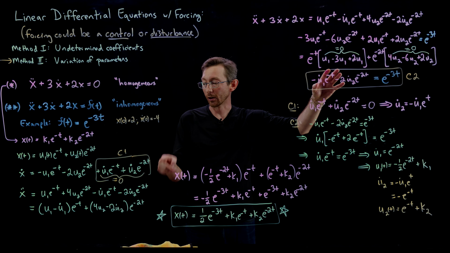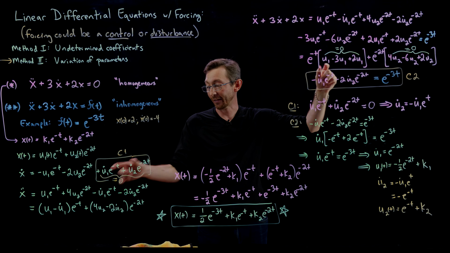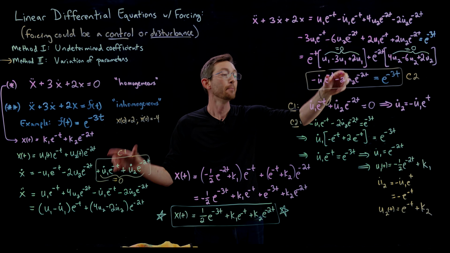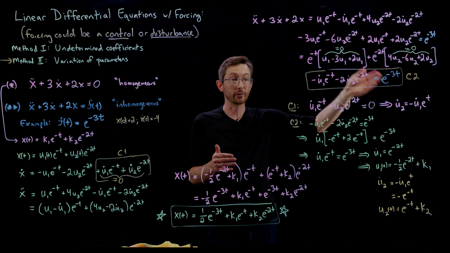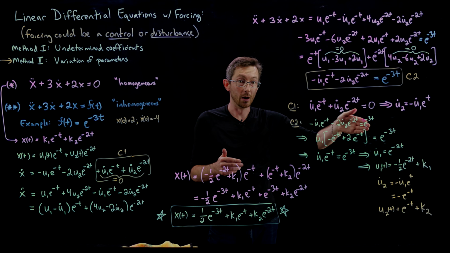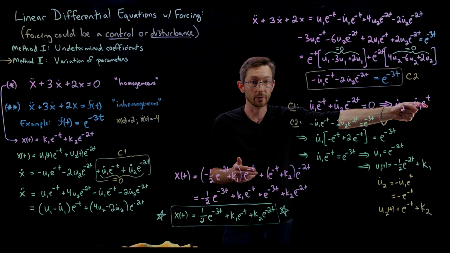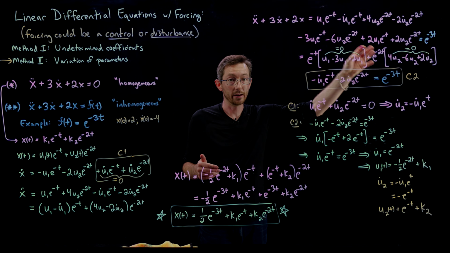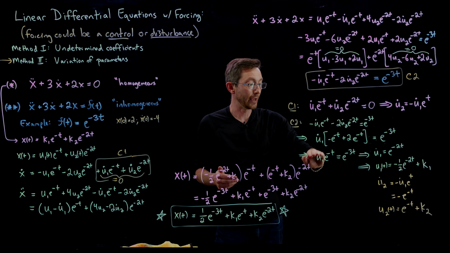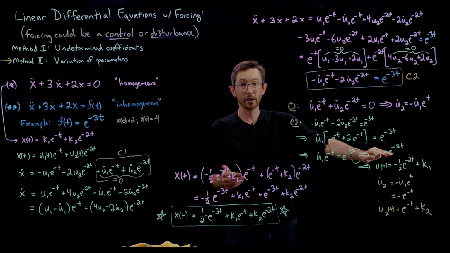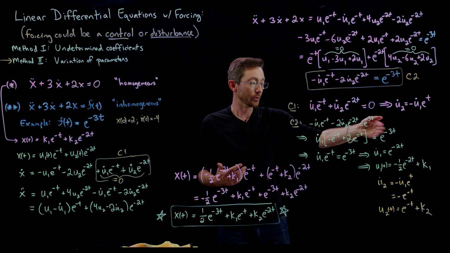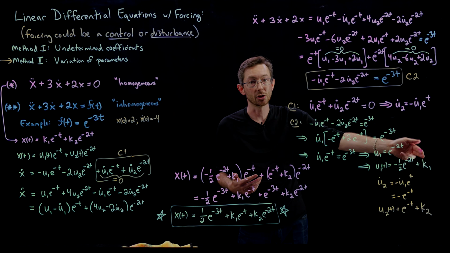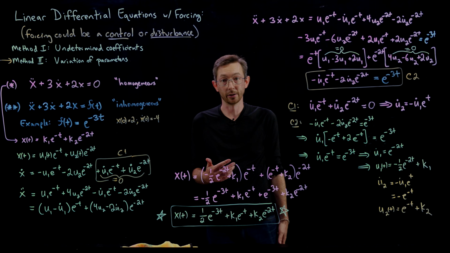Now what we do is we take our first condition and our second condition that have to be true for u1 dot and u2 dot, and we just go through the motions of solving for u2 and for u1. So you can first solve for u2 as a function of u1 in condition 1, plug that into condition 2 and get an expression just for u1 in terms of your forcing. You can solve for that u1 of t by integration, and you can solve for u2 of t by integration.